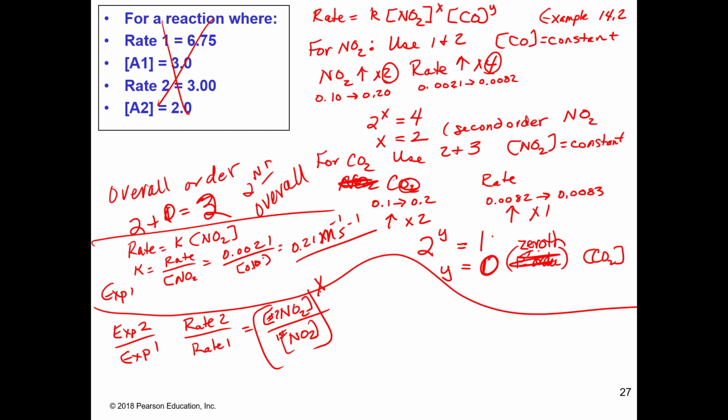And so the rates: 0.0082 divided by 0.0021 is going to give me 3.9.